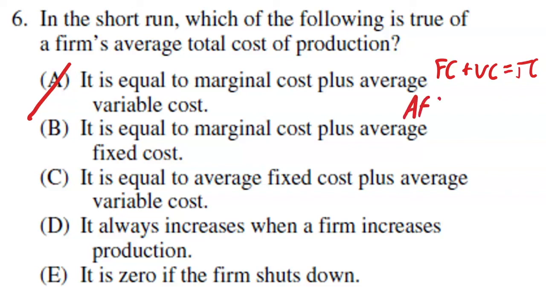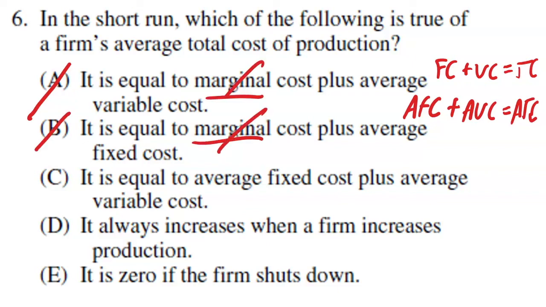So if that's true, we can also say our average fixed plus our average variable is going to get us to our average total cost. So B, is it equal to marginal cost plus average fixed cost? No, because marginal cost has nothing to do with this equation whatsoever. C, is average total equal to average fixed plus average variable? Well, yes. We just did this up here, so C is the right answer.